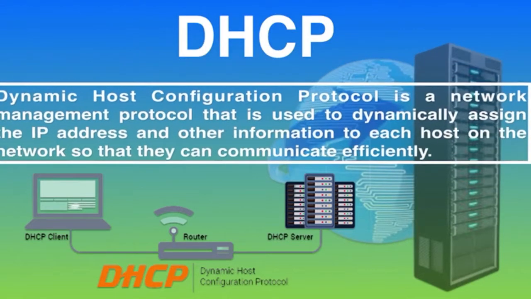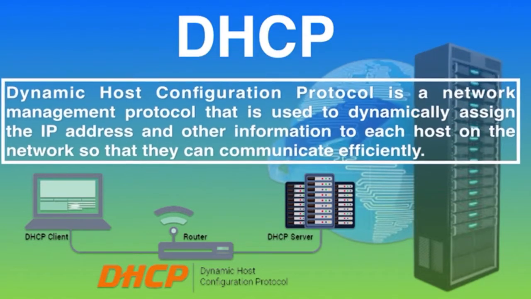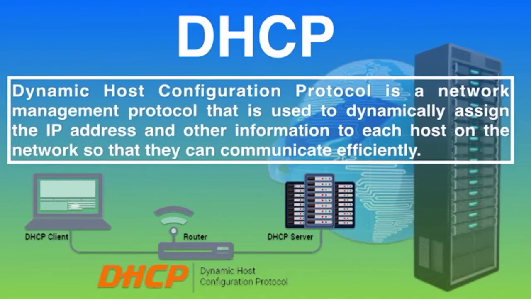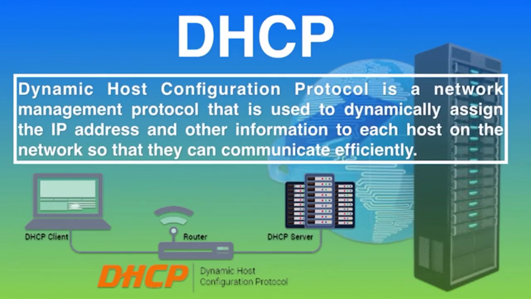DHCP automates and centrally manages the assignment of IP addresses, easing the work of the network administrator. In addition to the IP address, DHCP also assigns the subnet mask, default gateway, domain name server address, and other configuration to the host. By doing so, it makes the task of the network administrator easier.